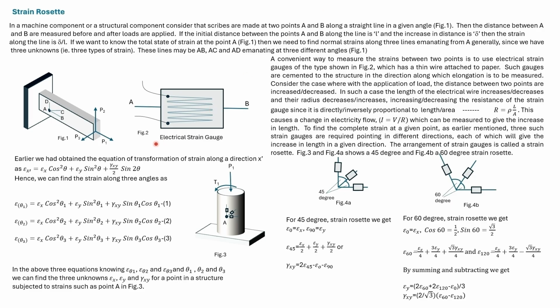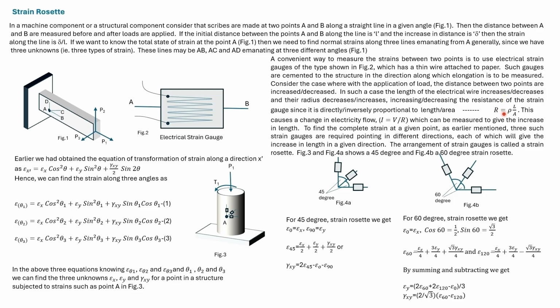The increase or decrease in length can be given by an electrical strain gauge. It has a thin wire attached to a piece of paper. If there's an increase in length, then there will be a decrease in the area of the wire.